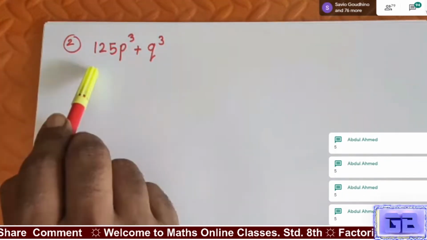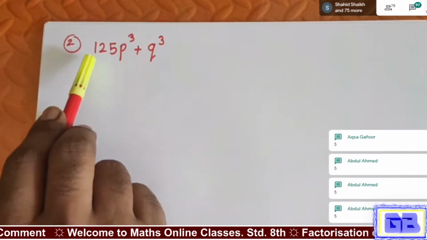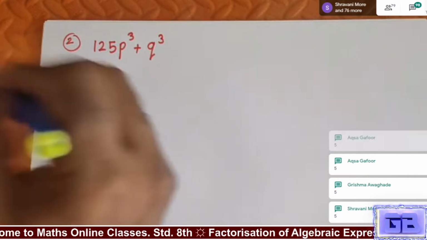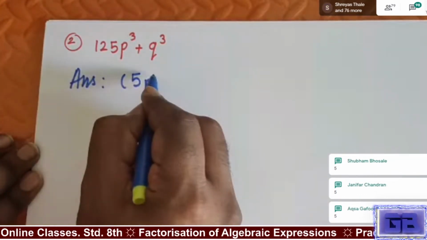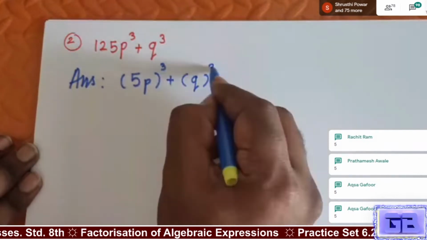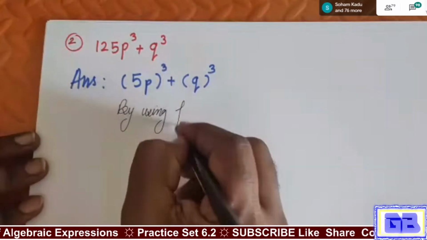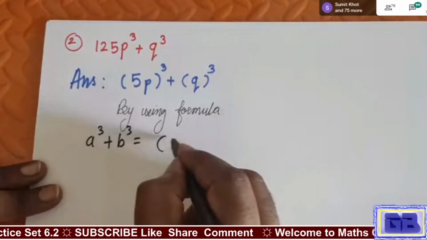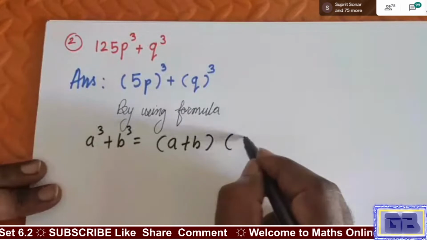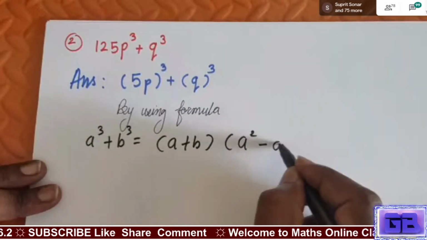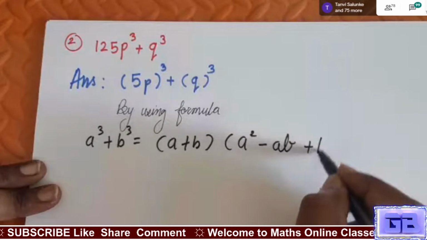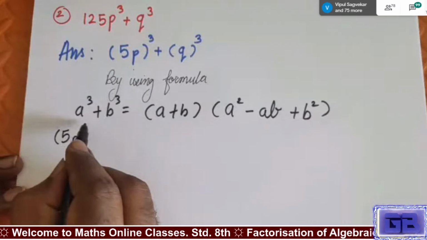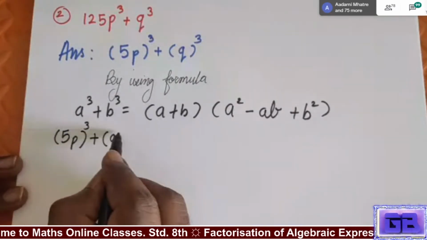So what is the first step? Okay, stop typing now. The first step is we have to convert it into a cube root. Write down the answer: in bracket 5p whole cube plus q cube, by using the formula a cube plus b cube equals, in the first bracket a plus b, second bracket a square minus ab plus b square. Take this question down: first bracket 5p whole cube plus q cube.